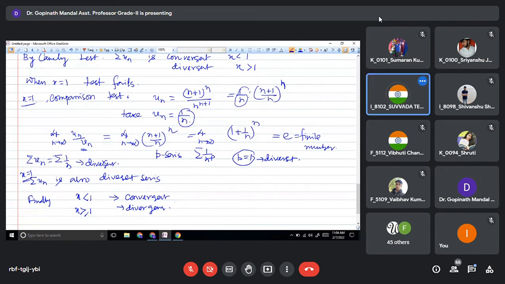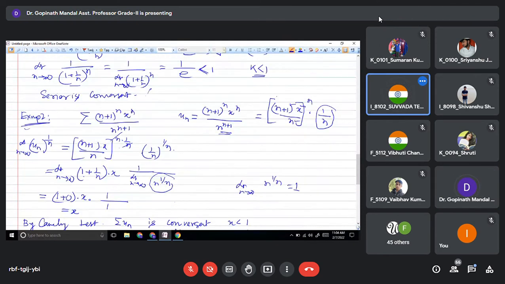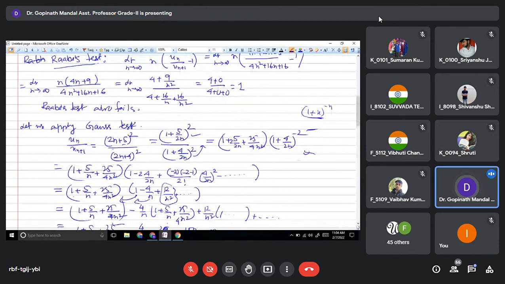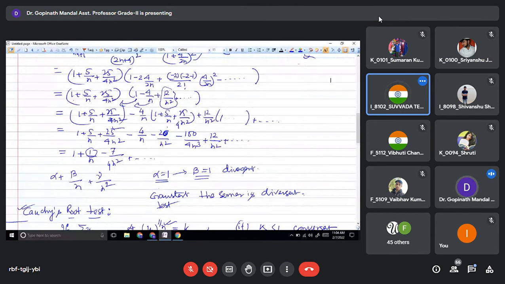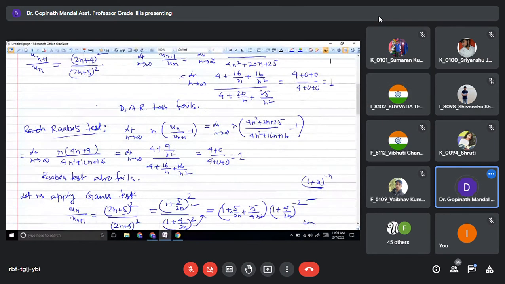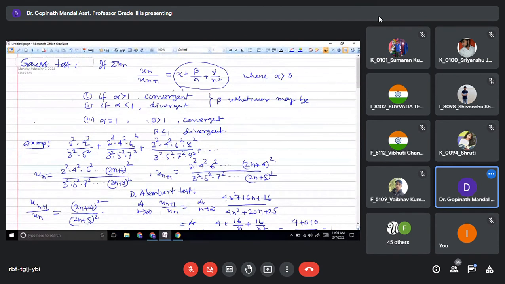Sir, in Gauss test, if alpha is less than 0, then the test fails. Alpha less than 0, then test fails. Yes. Then again we should do the comparison test.